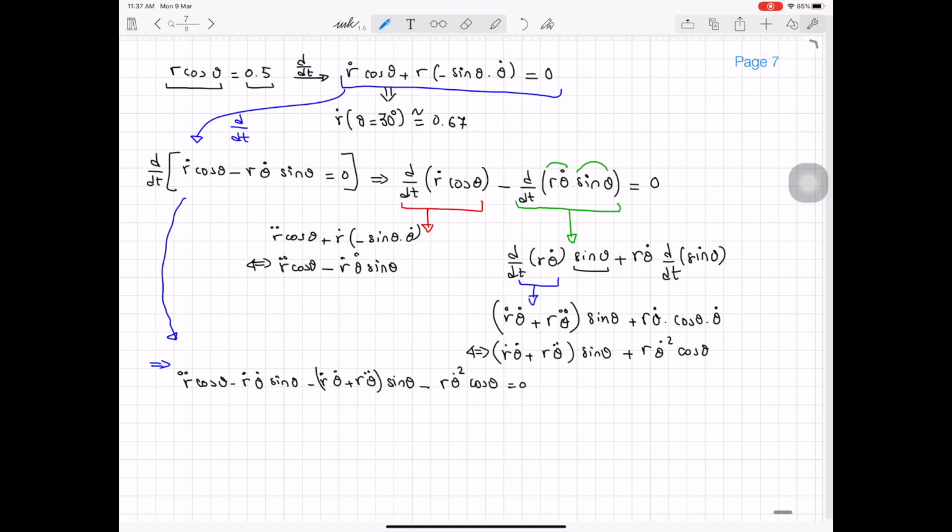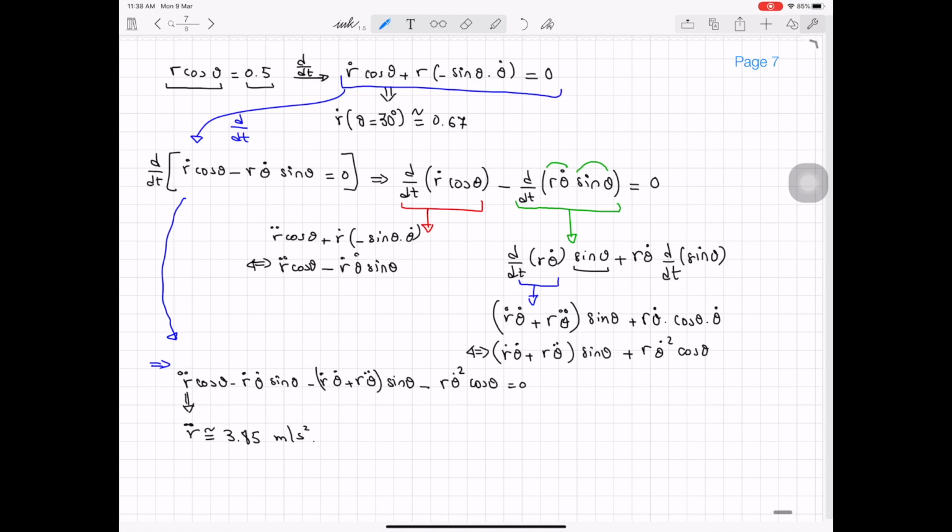If we calculate R double dot from this equation after simplification, we get R double dot almost equal to 3.85 meters per second squared.